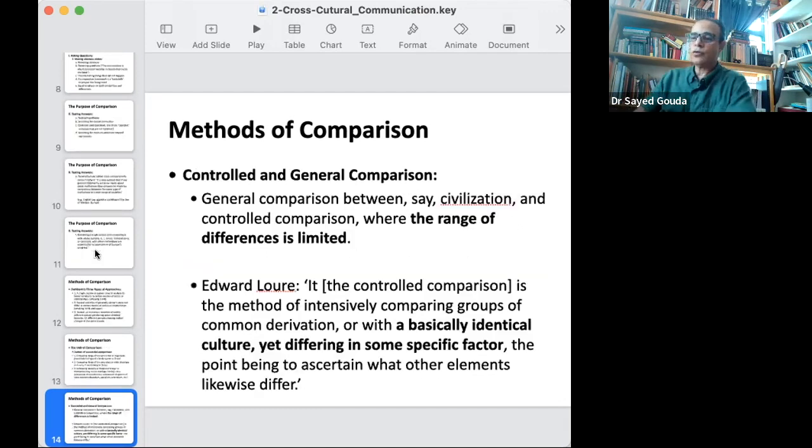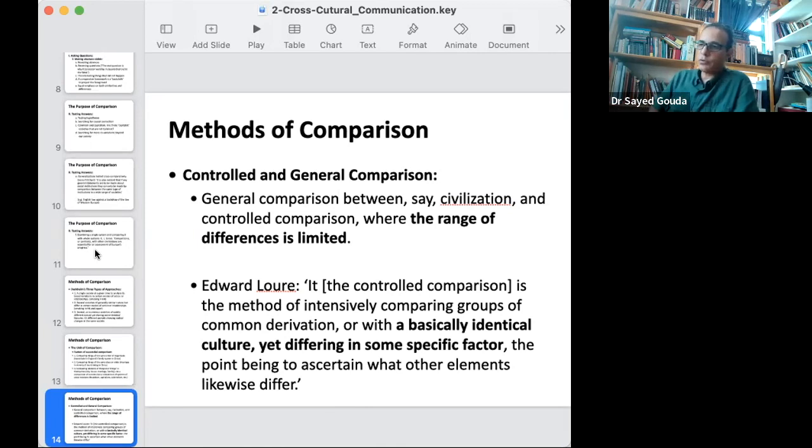There are also two types of comparison. One is called controlled comparison and one is general comparison. The general comparison is like comparing two civilizations, for example. But in the limited or controlled comparison, the range of differences is limited.